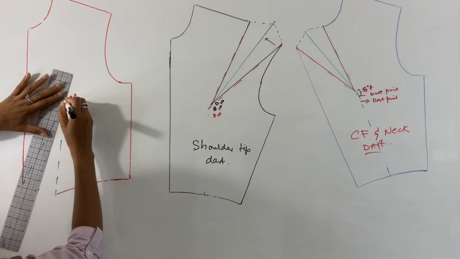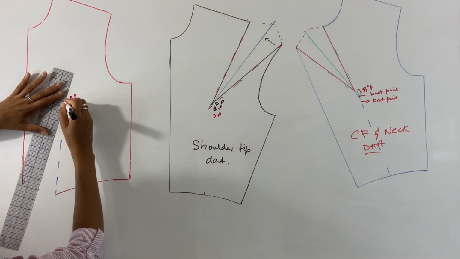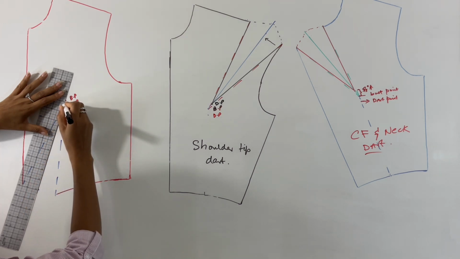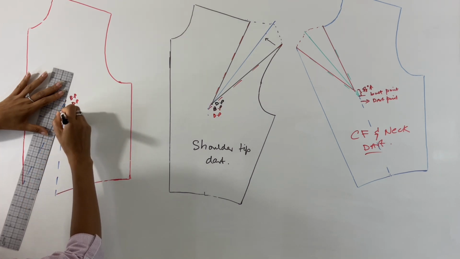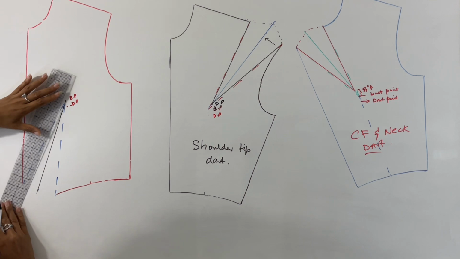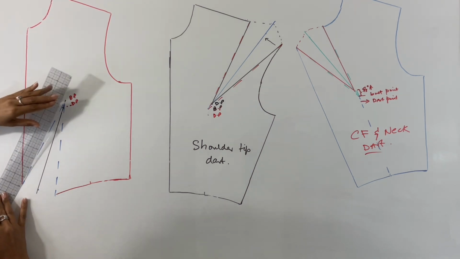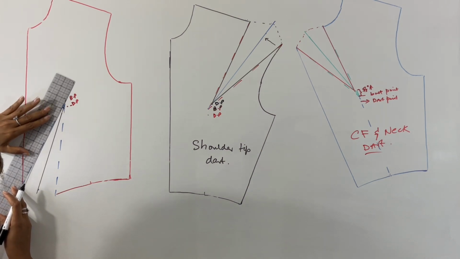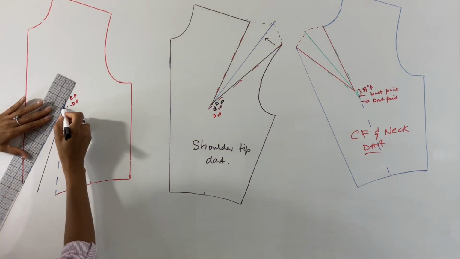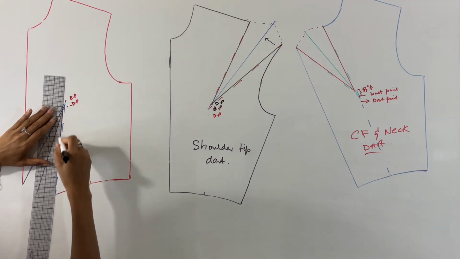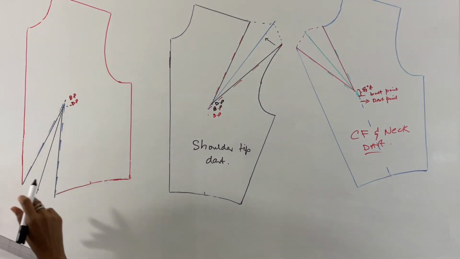And we're going to come down 5/8 of an inch, and 5/8 of an inch from here is going to take me to right here. And from there, now you can create your new dart line, and your new dart line is going to look like this. And this is your new dart line.